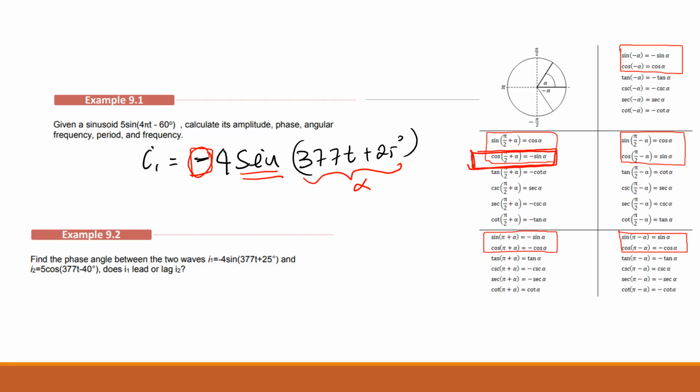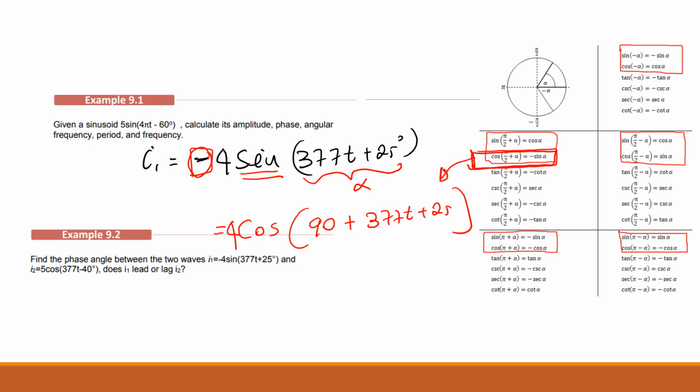That negative is not there in this quadrant, isn't it? So you can say this is equal to 4 cos of 90 plus alpha. Am I right? So 90 plus 377t plus 25. Agree or not? So minus is not there anymore because we have selected this one.